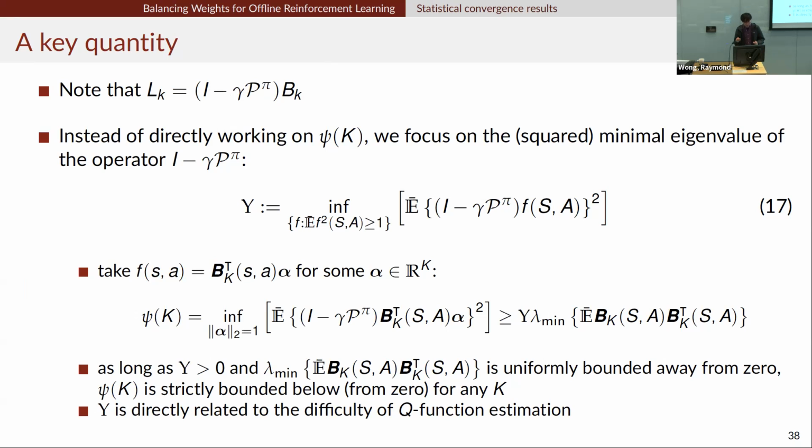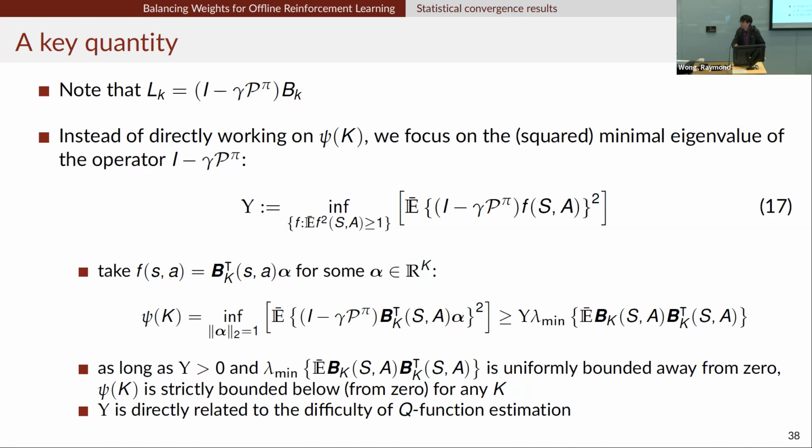In the following, instead of focusing directly on psi k, the eigenvalue, I'm going to focus on the minimum eigenvalue of this operator, because in this case my study will be independent of the basis that you choose. You can choose any BK. Because this is a sum, you can choose any nice BK such that the behavior is nice, but this operator might be doing a bad job, trying to screw things up, maybe.